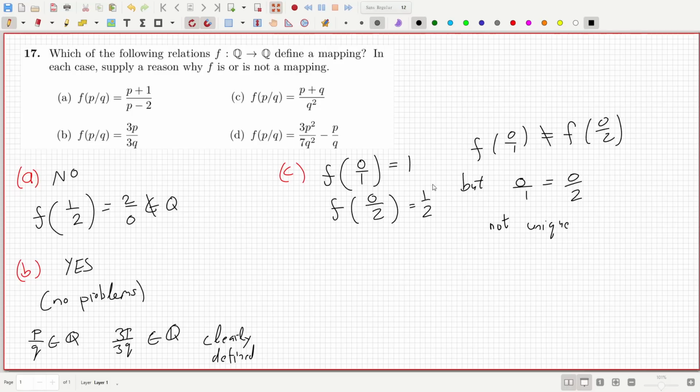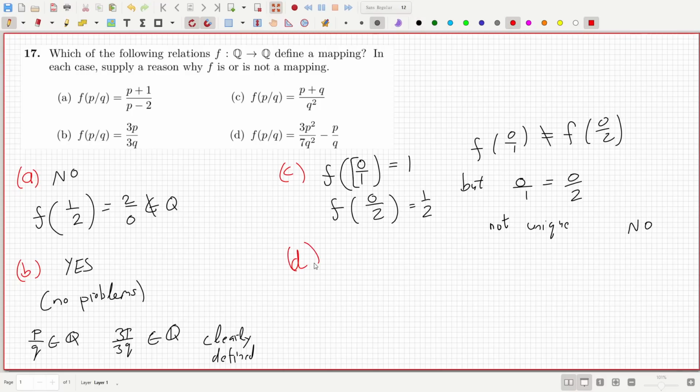If you take the fraction as an equivalence class, I would prefer to have this in square brackets. Then it's not a mapping because it takes the same equivalence class. I'm not really satisfied, but I think the answer is a no for this one.